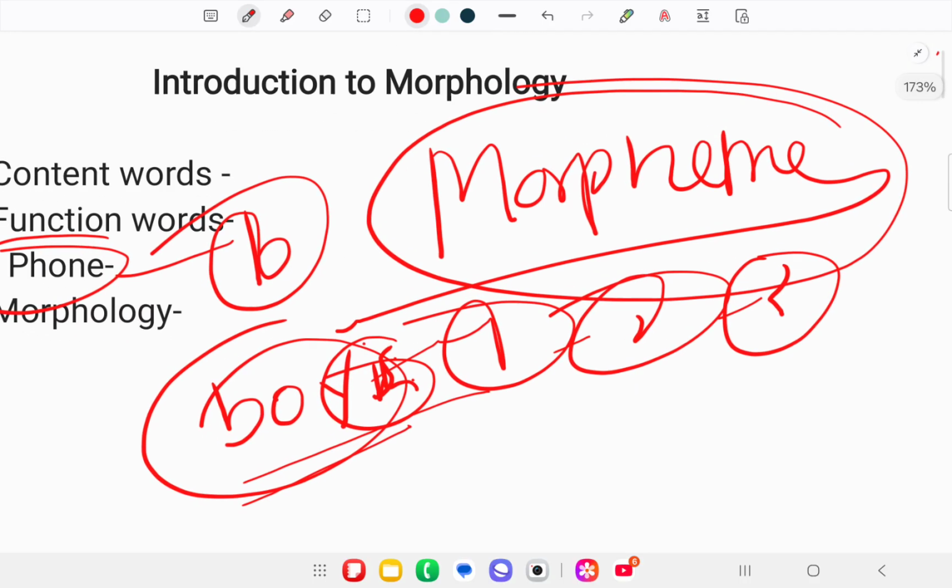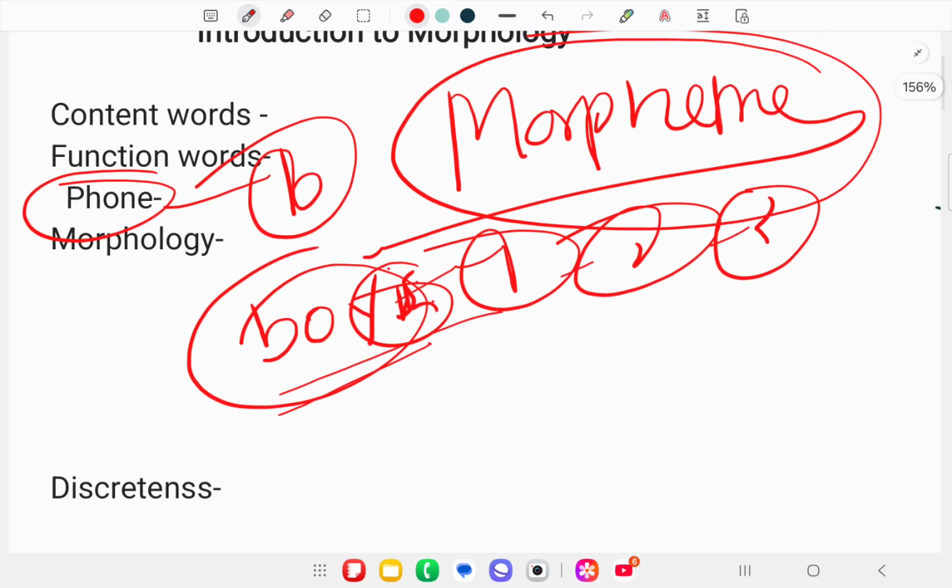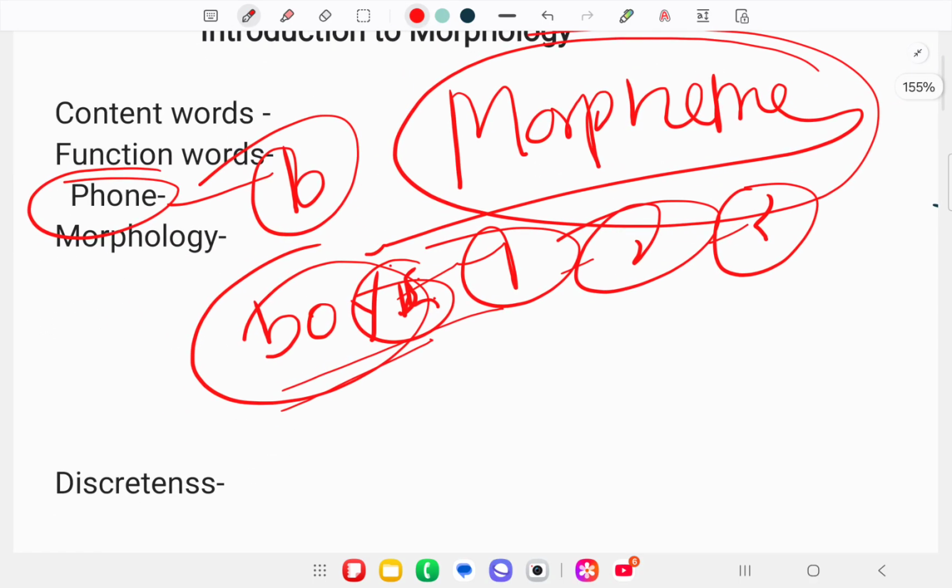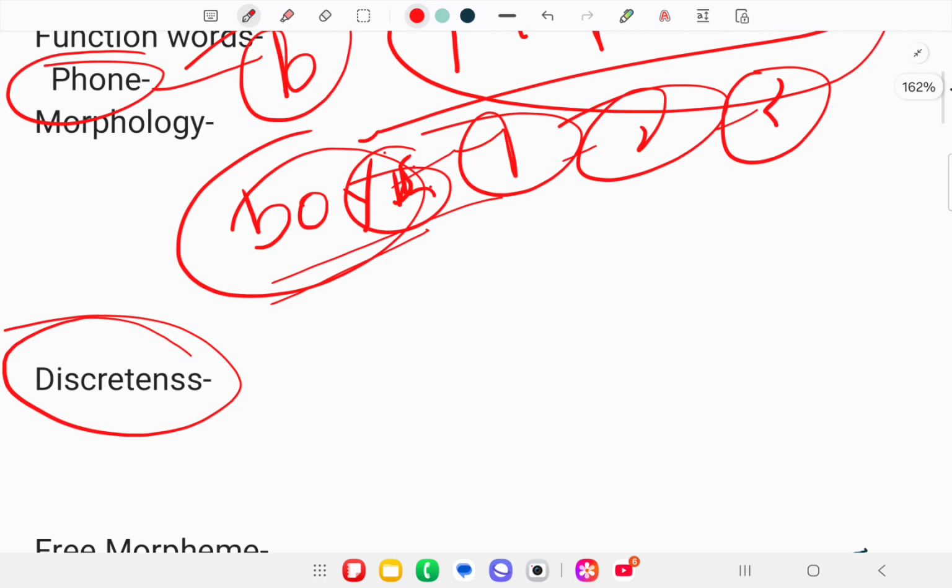Next, we have another point that is known as discreteness. What is discreteness? It is a human tendency to divide anything into segments. If I say any word, any pada or any sabda, to any person, then you just gaze and give your own perspective about that sabda.